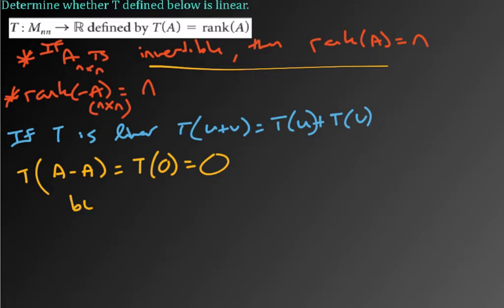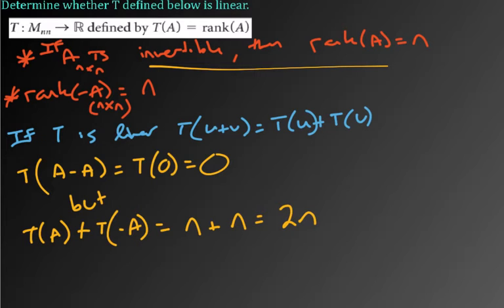But T of A plus T of minus A equals the rank of A, which is n, plus the rank of minus A, which is n, which equals 2n. And since clearly 0 doesn't equal 2n, this implies T is not linear.